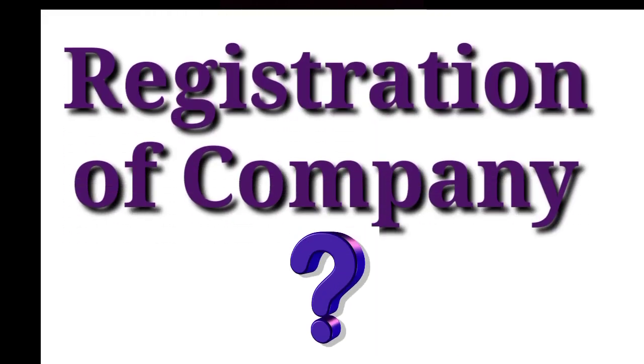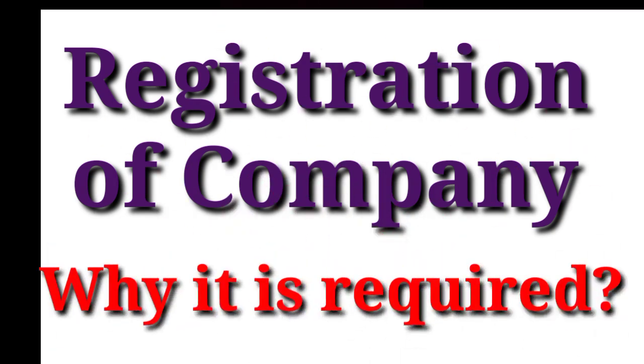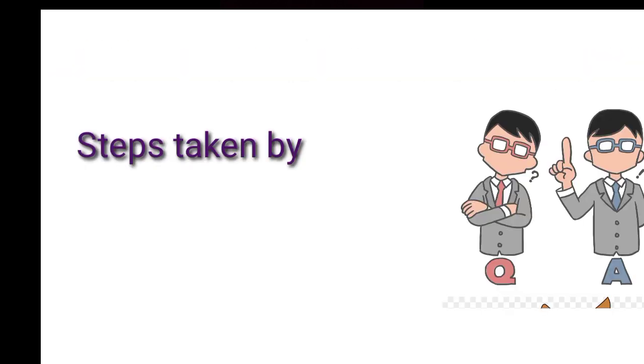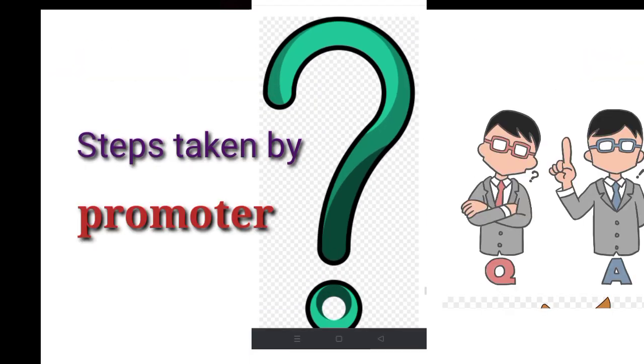Today I brought a very important topic, and that is what is registration of a company and why it is required. So in this video I am going to cover what is incorporation of a company, next which steps the promoter has to take for obtaining the certificate of incorporation.